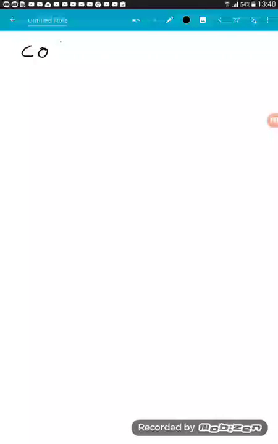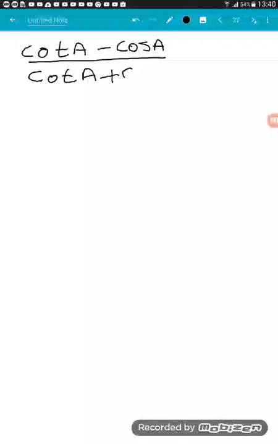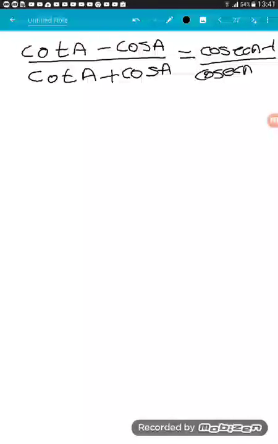It says that cot a minus cos a by cot a plus cos a gives us cosec a minus 1 by cosec a plus 1.